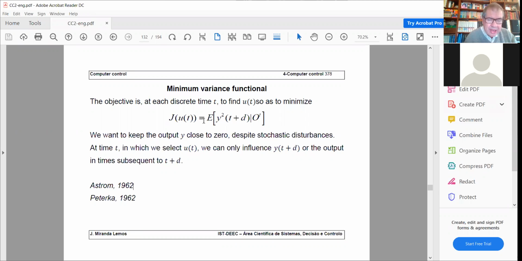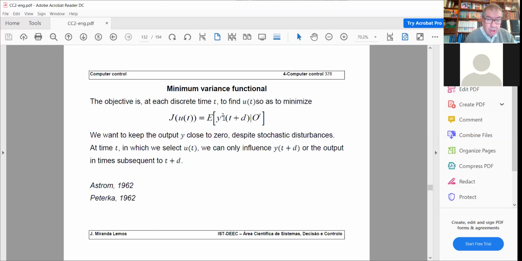And why is this? Well, if you want to drive the output of the system to 0, why should you do it? Remember, linear systems are obtained by linearizing nonlinear systems about an operating point. So you have an operating point and you want to keep your operation close to that operating point, usually an equilibrium point.